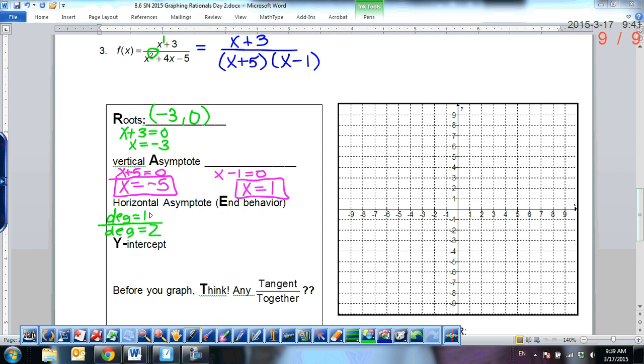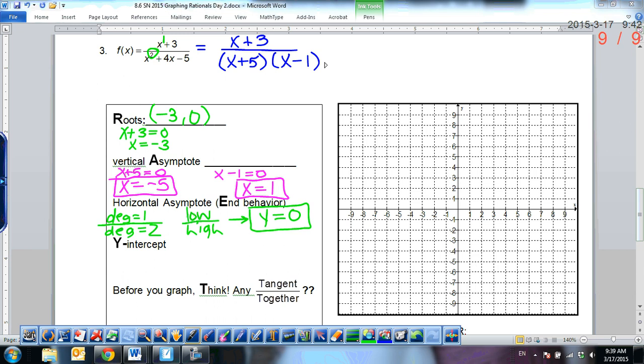So what is our horizontal asymptote? Good. Because we've got a low degree over a high degree. Low over high, 0 equals y.